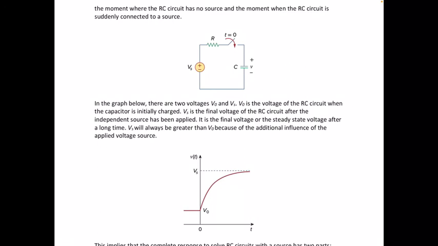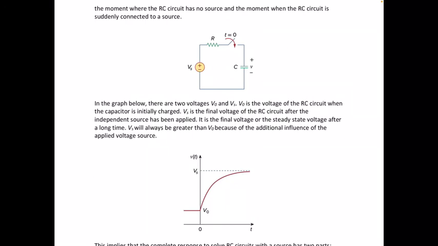So as you can see in the graph, Vs is tangential to a horizontal line, because it approaches steady state, and by saying steady state, it implies that our voltage does not change anymore with respect to time, so it flattens out.